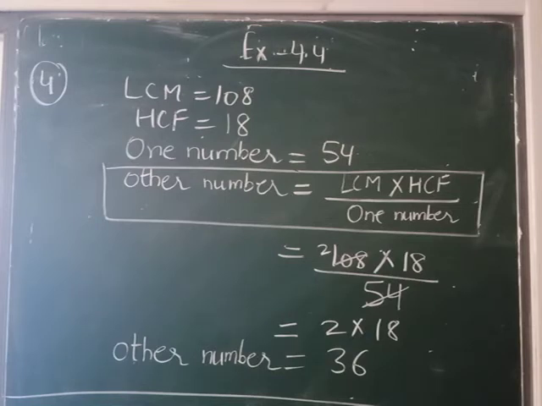Now cut it using the table of 54. 54 ones are 54 and 54 twos are 108. So I have written 2 after cutting 108, and after cutting 54 I have written 1. After that you will multiply 2 by 18. The denominator is vanished. So 2 multiply 18 is equal to 36, which is the other number you have to write here.